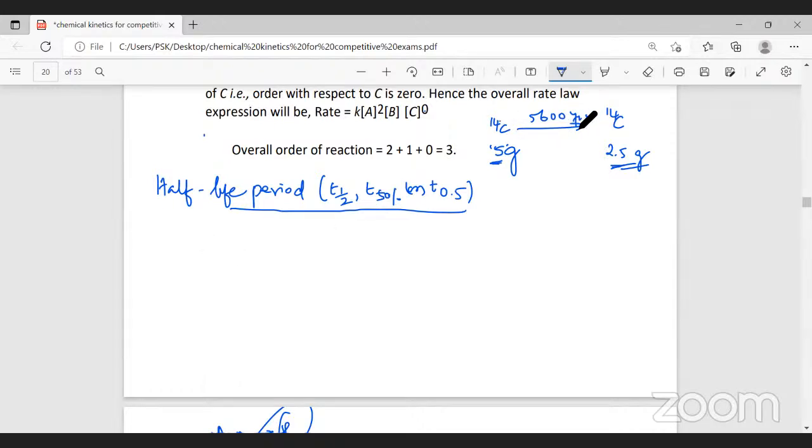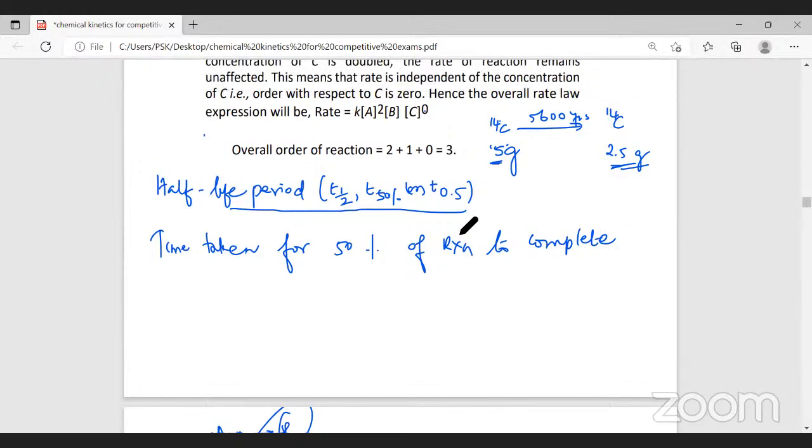This is an illustration I gave you. What is half-life period? Time taken for 50% of the reaction to complete is called half-life period.